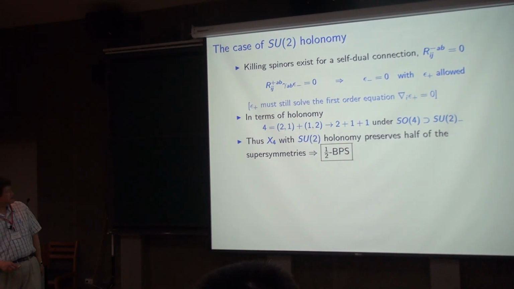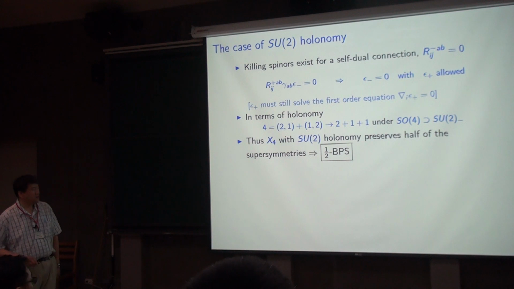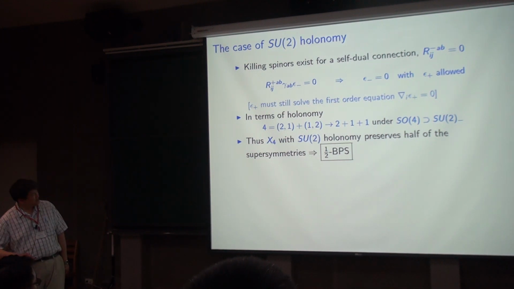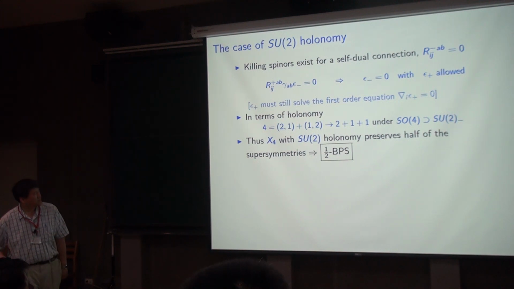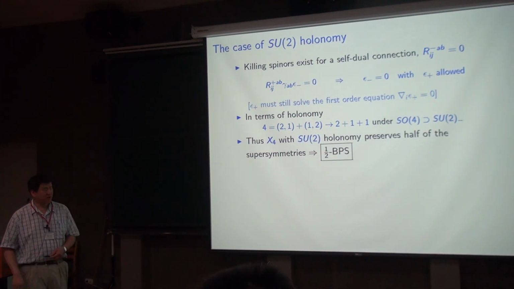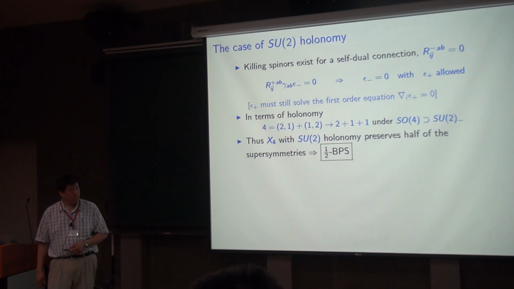In terms of counting singlets of the holonomy group, I have 2 singlets out of 4 possible states. That means I've preserved half of the supersymmetries, the ones with epsilon plus. That's sometimes referred to as a half BPS or half supersymmetric compactification.